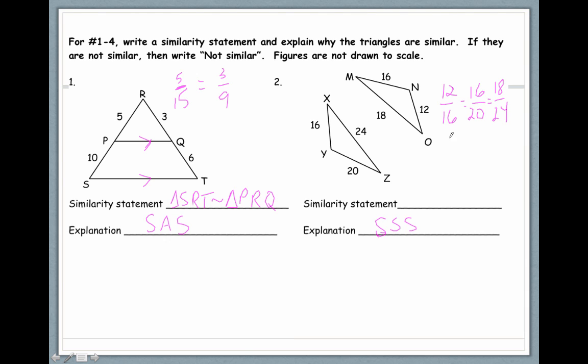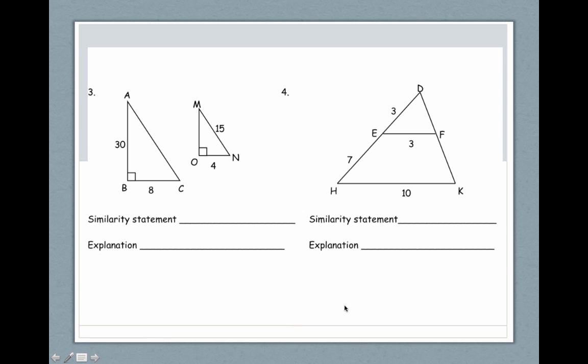This is 3/4. This is 4/5. And this is 3/4. So this one makes them not similar. And I guess I'll just leave the SSS as the reason it was not.